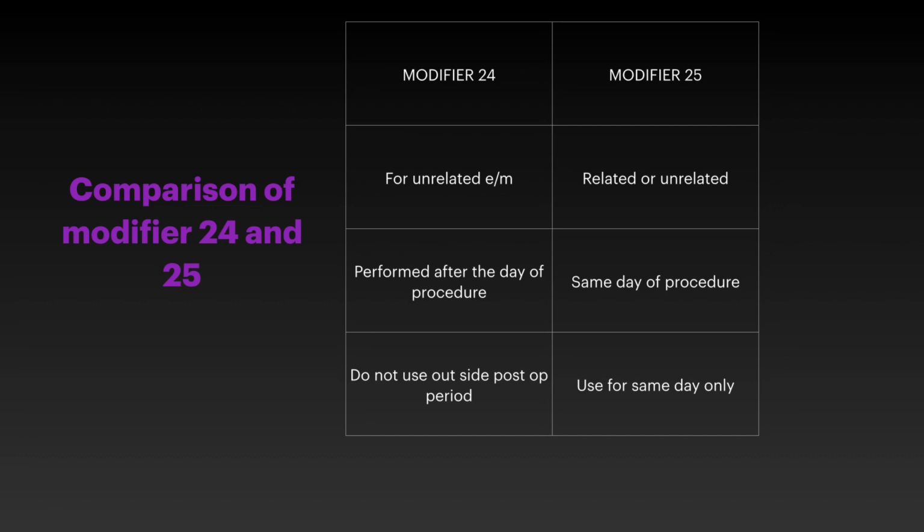For such E&M services, we can use Modifier 25. Modifier 24 is used after the day of the original procedure, but Modifier 25 is on the same day of the procedure. And we use Modifier 24 during the post-op period, but we cannot use it outside the post-op period, whereas Modifier 25 we can use only on the same day of the procedure.